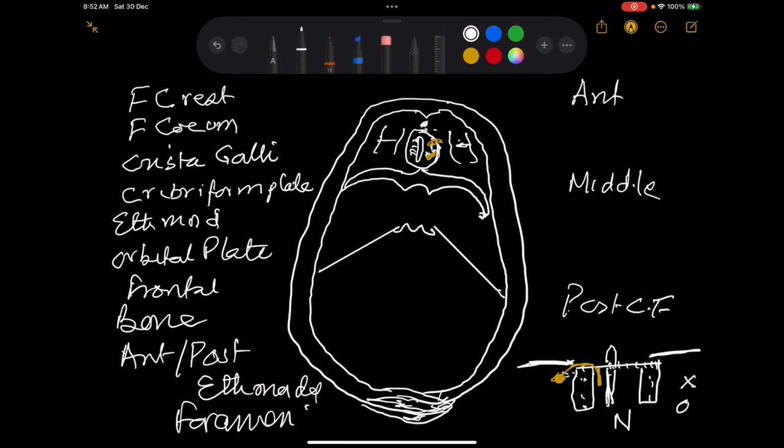And this H-shaped fissure on the orbital plate of the frontal bone is because of the impression of the gyri and sulci of the frontal cortex of the brain. Then below this, you have the jugum sphenoidale here.